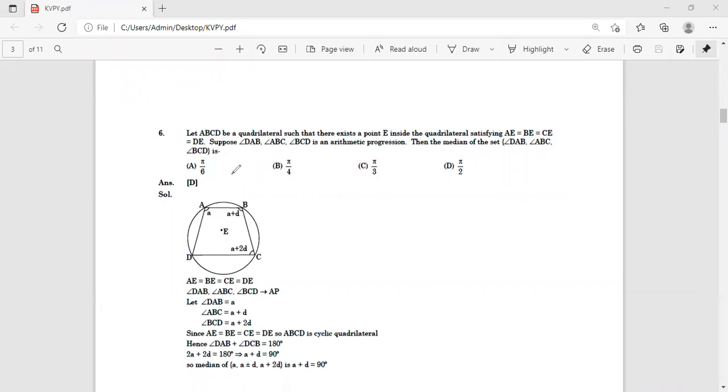So the sum of opposite angles is 180 degrees. Now angle DAB is given. They are in AP. So let us say this is A. So ABC is A plus D. This is B, A plus 2D. This is in AP. The median of the set DAB, ABC, and BCD is what?